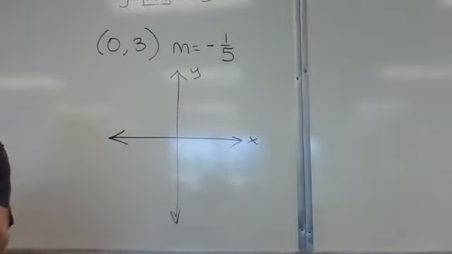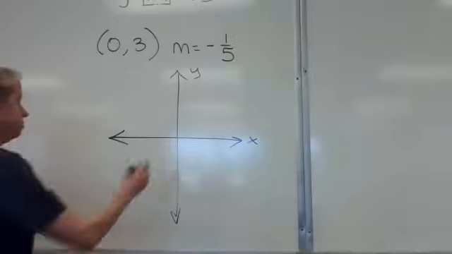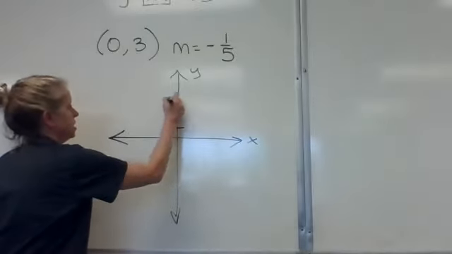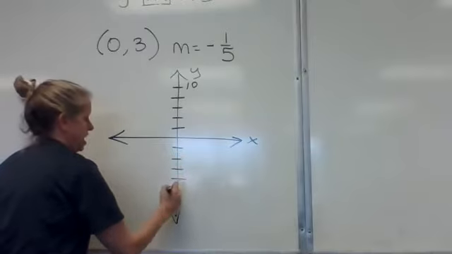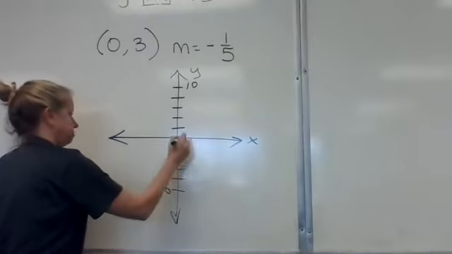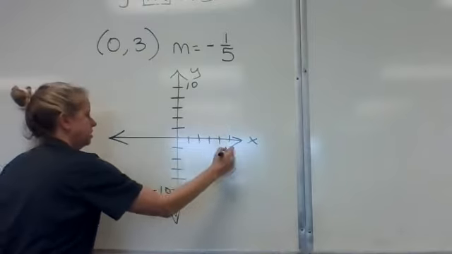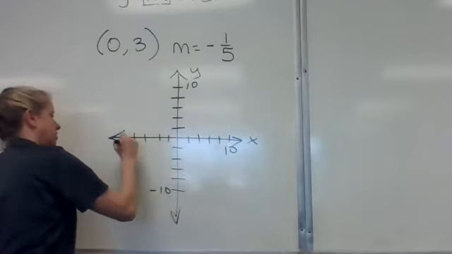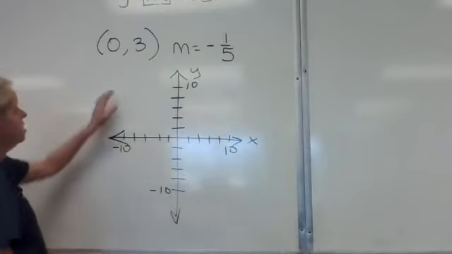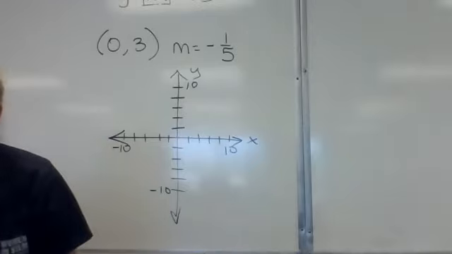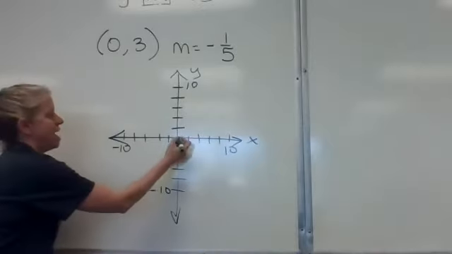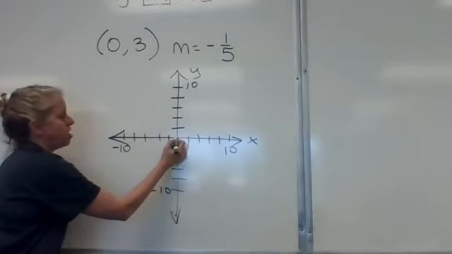Do these go by 2s? And they do. So 2, 4, 6, 8, 10. -2, -4, -6, -8, -10. So let's put a point here. 0, 3. Where is that? Where is 0, 3? If my x is 0, I don't go left or right at all.